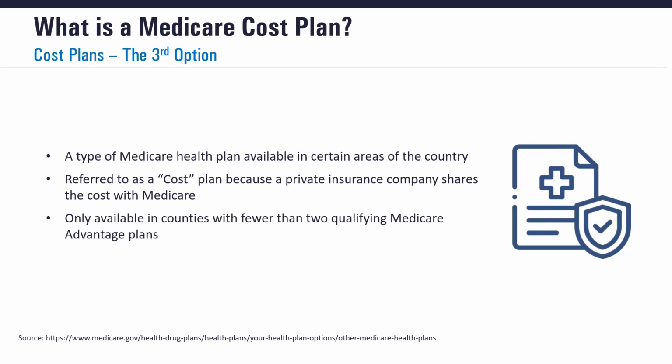Cost plans are only available in counties with fewer than 2 qualifying Medicare Advantage plans, which is really why you don't see them widely available in large markets, because there's quite a few Medicare Advantage options. Cost plans have some of the same rules as a Medicare Advantage plan or Part C. However, each type of plan has special rules and exceptions, so it's important to contact the plan that you're interested in for specific details.